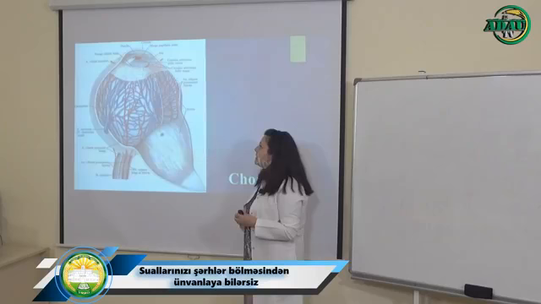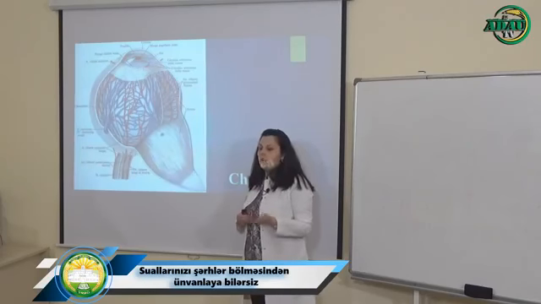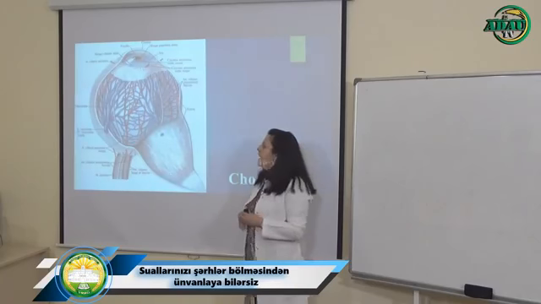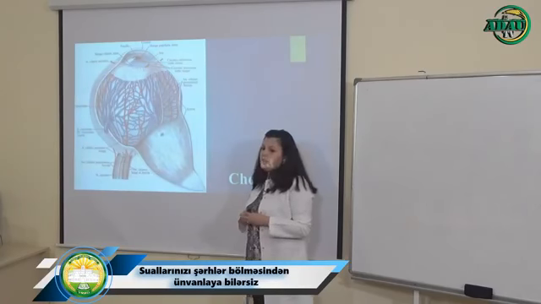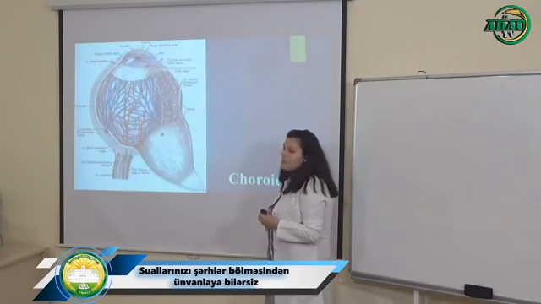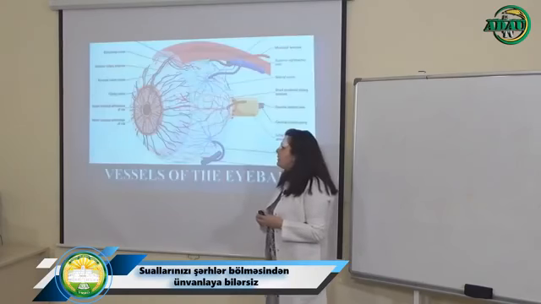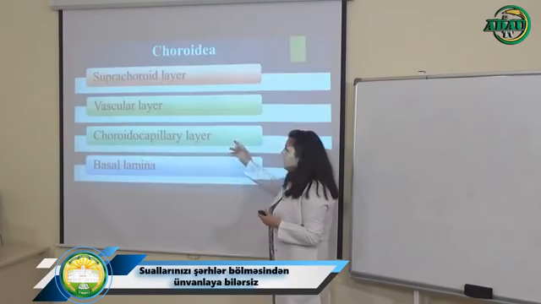Arteries here are presented by the ciliary arteries. They are short and long ciliary arteries, anterior and posterior ciliary arteries. And there are also veins, the vorticose veins. There are 4 vorticose veins in the vascular layer. Besides all these elements, the vascular layer also gives branches to the choroidocapillary layer.